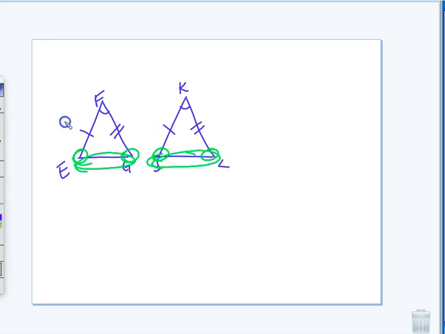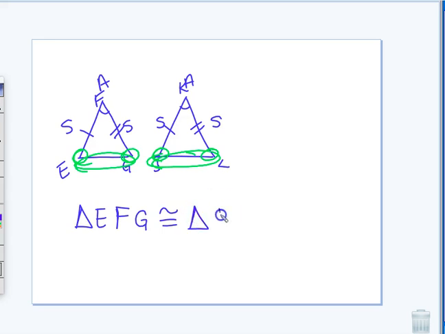What I have here is sides are congruent, angle is congruent, sides are congruent, and the angle is between the 2 sides, it's included. So here's how you're going to answer this. I can prove that triangle EFG is congruent to triangle JKL by the side, angle, side property. And so that's how you're going to do part A.